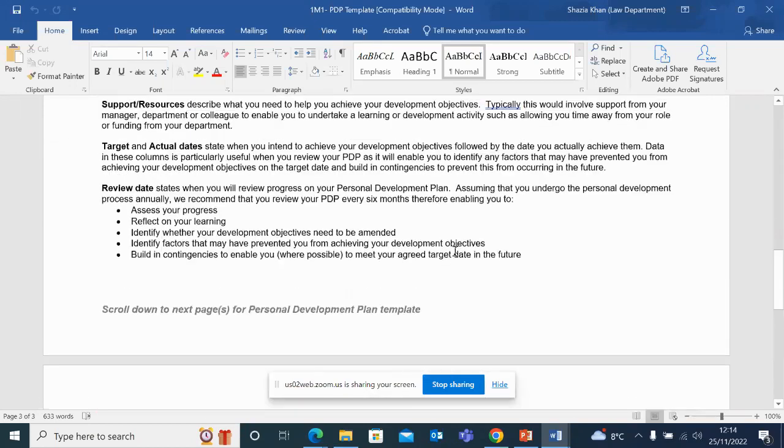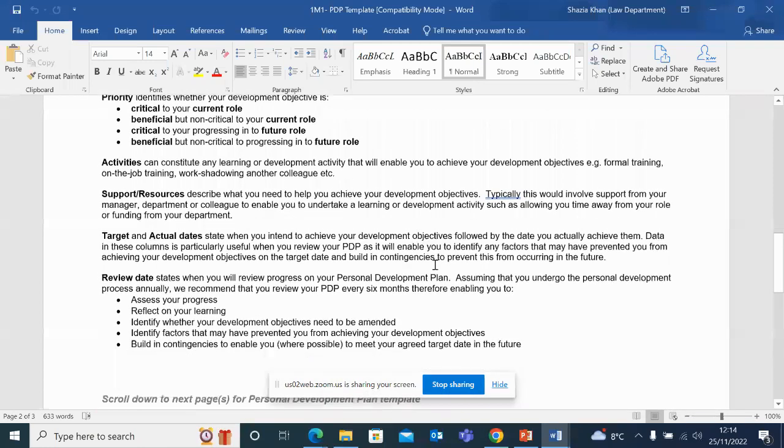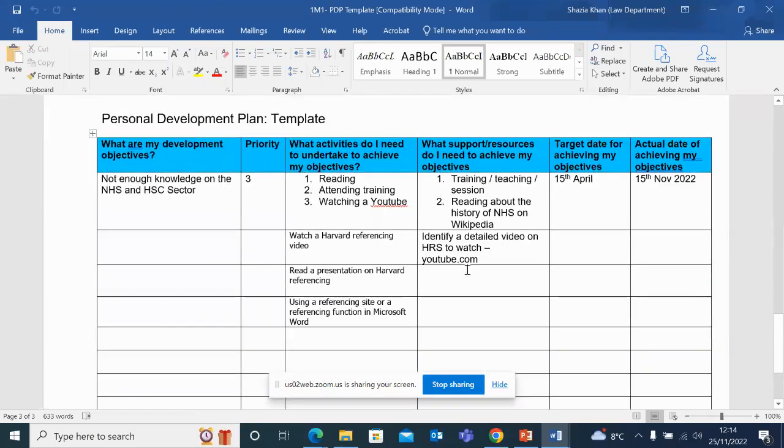And this again includes things like the development objectives that you identified, priorities, so whether they are critical or beneficial to your future role, activities, support, resources, target, and your review date. So this is an example of a personal development plan.